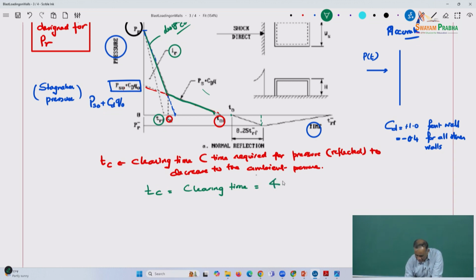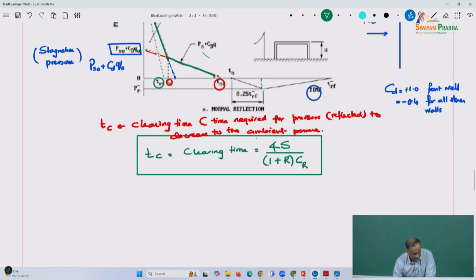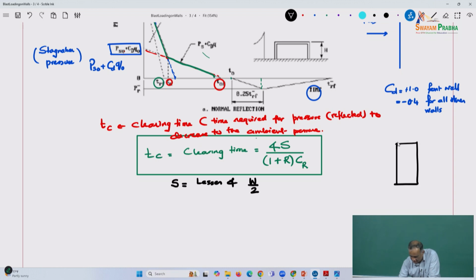So this is given as 4S divided by 1 plus R, multiplied by a reflection coefficient Cr. A lot more terms are being introduced. S is the lesser of W by 2 or H. Let me redraw the picture of the building.